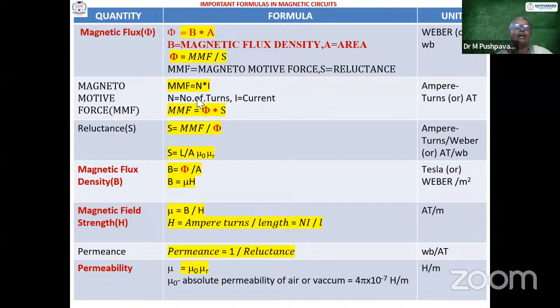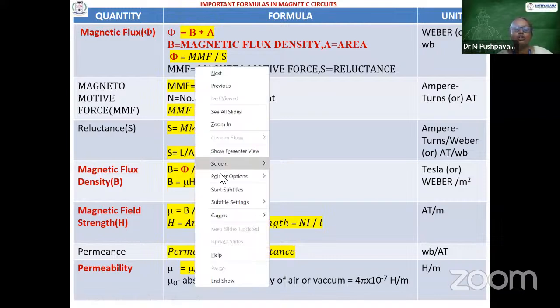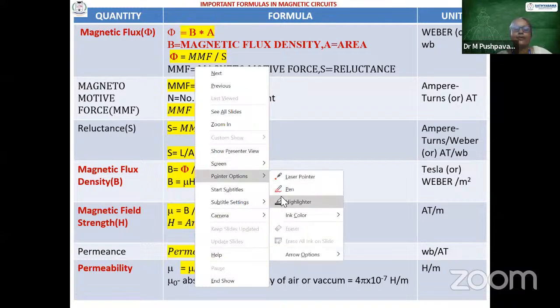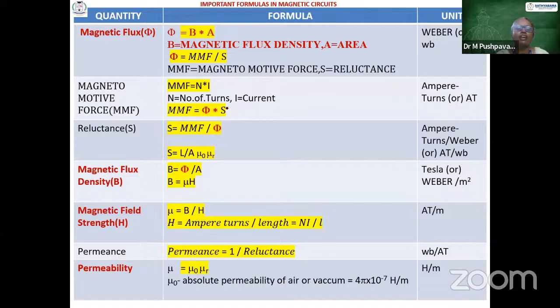In the same way, we can relate that MMF equals flux into reluctance, that is MMF equal to phi into S. This is one of the very important formulas, the counterpart of V equal to IR.